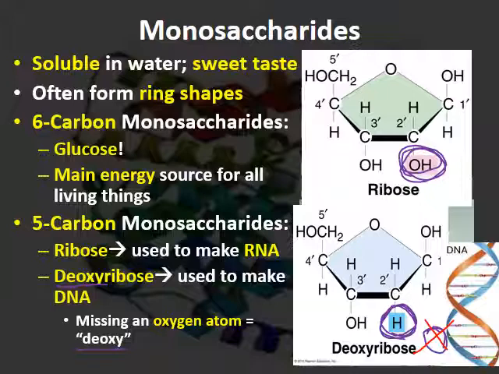And that's why it is structurally a little bit different from ribose. So it has the name deoxyribose. And of course, deoxyribose is the D in DNA. Deoxyribose nucleic acid is what DNA stands for. Okay, so we'll talk more about RNA, DNA, and stuff like that in the next unit, the very last unit before the trimester ends.